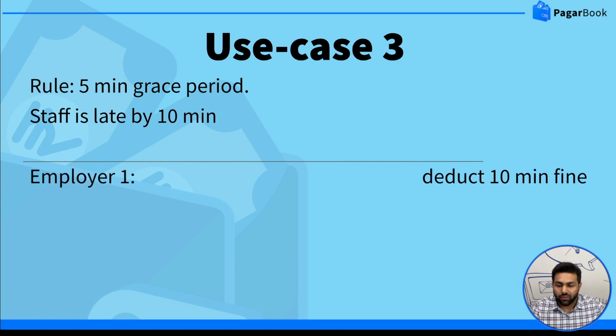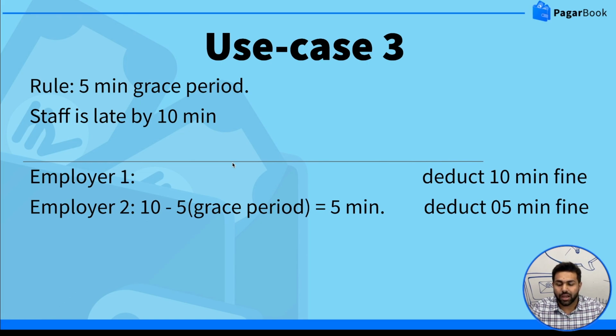There is a set of employers where they want to deduct 10-minute fine, and there is another set of employers which would like to deduct the grace period, that 5 minutes are the grace period, so do not deduct any fine for 5 minutes. So for employer 2, the grace period of 5 minutes is deducted from 10 minutes and hence only 5-minute fine will be applied.